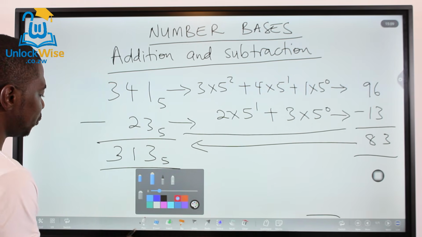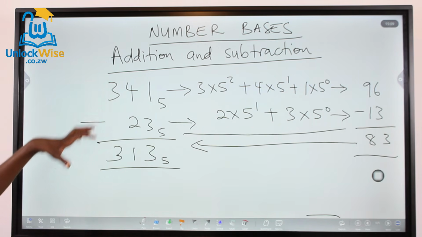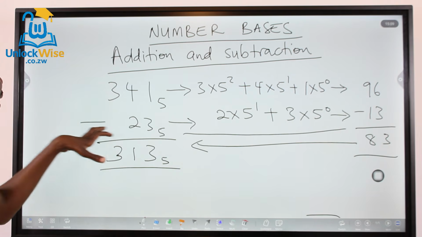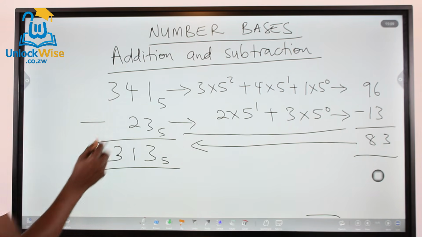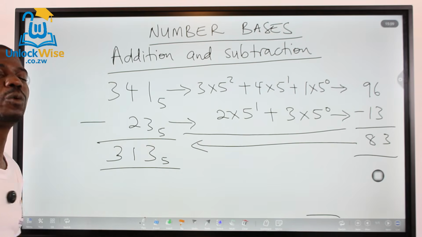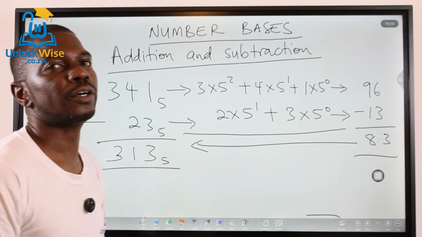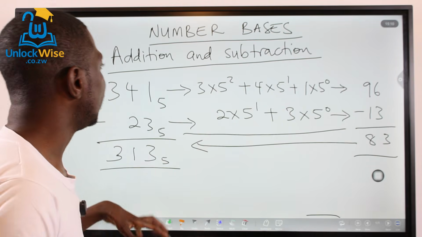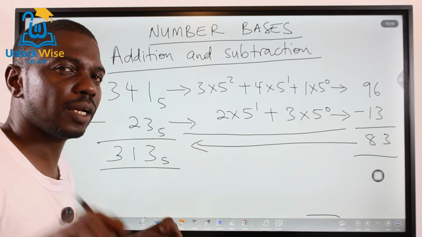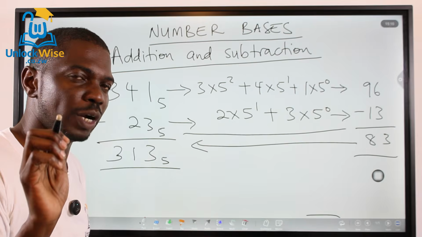We want to subtract, but we have 341 minus 23, which is in base 5. All right, so 1 minus 3, we can't subtract like that, right? We have a larger number at the bottom. So allow me to take you back to base 10 so that you understand what I'm doing.